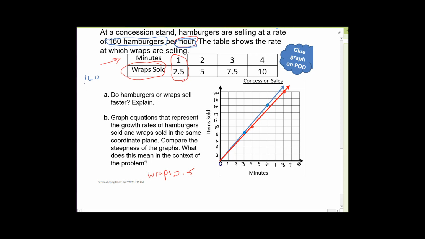Okay? So 160 divided by 60 will give me 2.6. 2 into that goes 120, and then I have 40, 400.